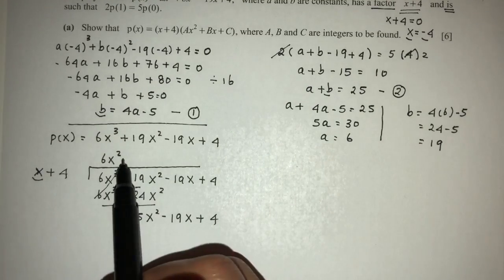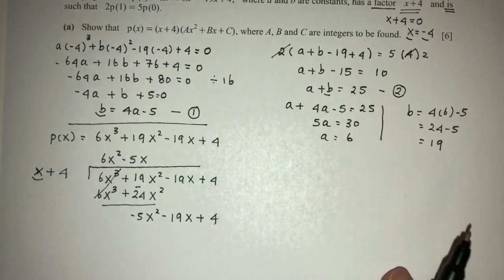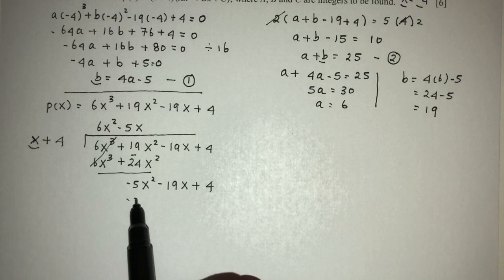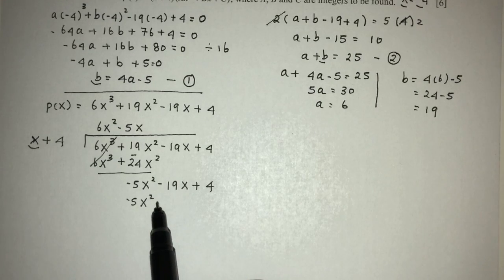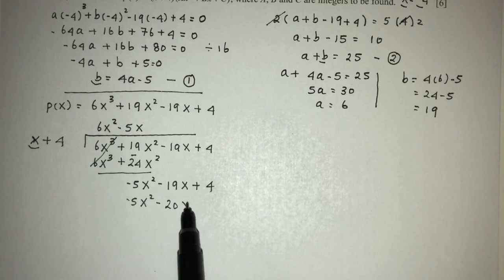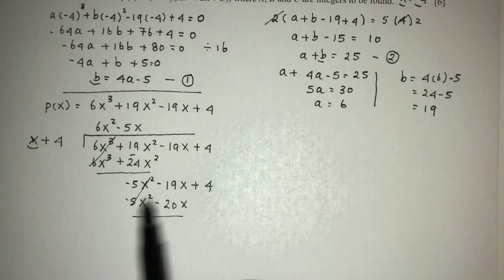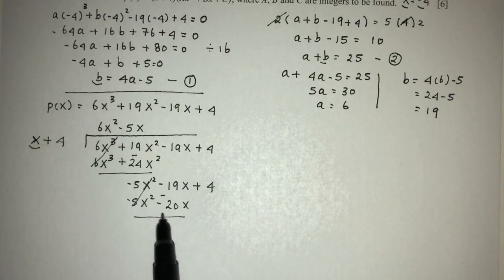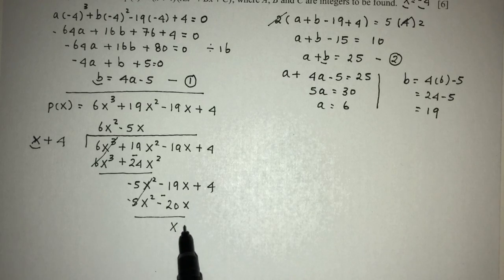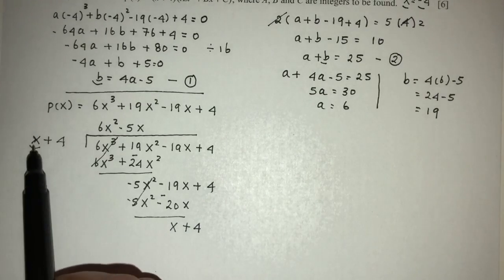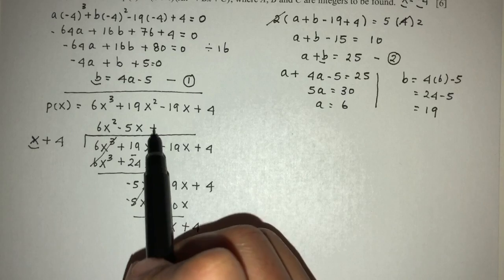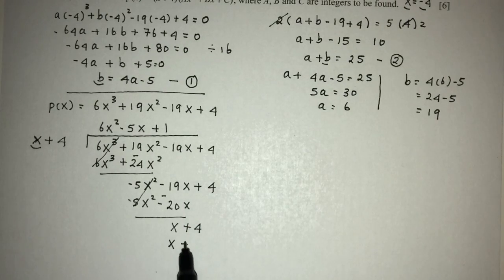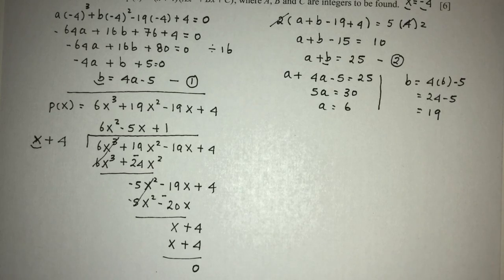Now multiply by minus 5x, right? So you will have minus 5x squared minus 20x, minus, so minus 19 minus minus 20, that will be plus x plus 4. Now we have x here, so multiply by plus 1, you will have x plus 4, and remainder will be 0, so it is exact factor.